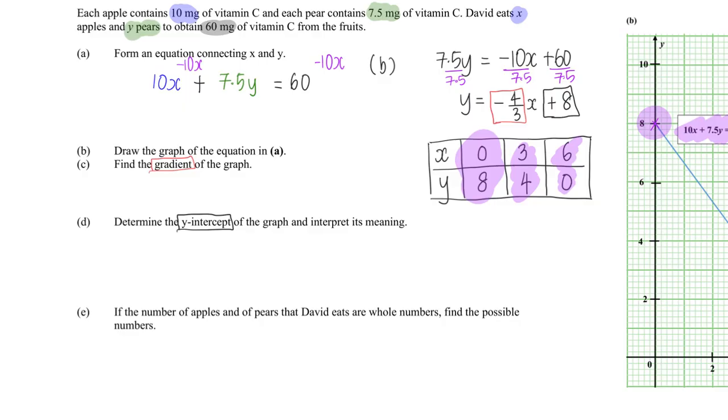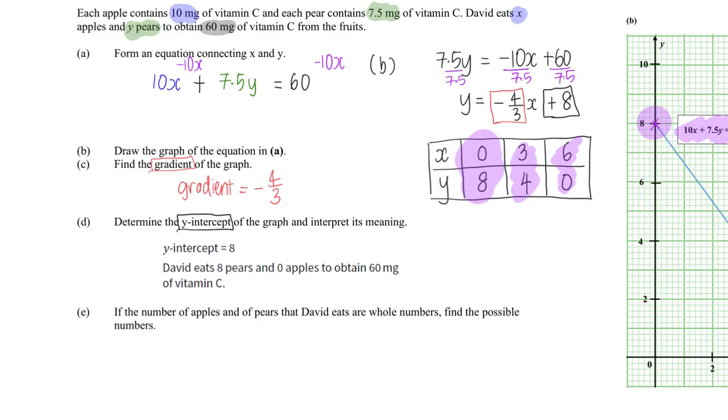So I could easily solve for part C and part D fairly neatly. For part C, the answer is gradient equals to -4/3. And for part D, the y-intercept is equals to 8.